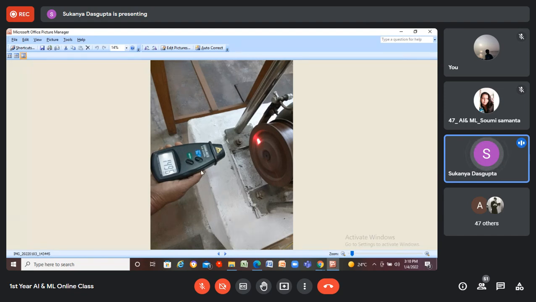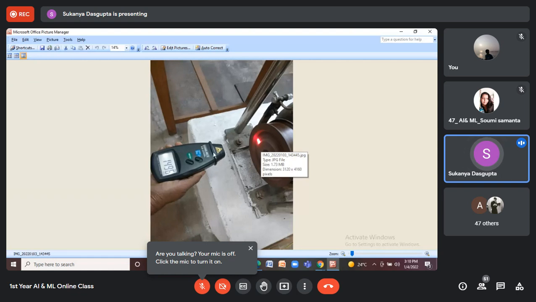When you place it just near the motor shaft, it will start measuring the speed at which the motor is running, with an LED light that will be automatically generated when it is near the motor shaft.